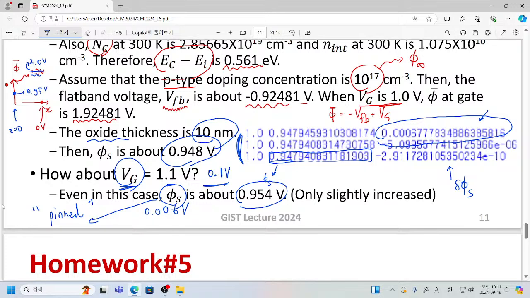Okay, so although I have shown it only for the strong inversion regime, you may play with different gate voltages, then you can get further insight on the behavior of a MOS capacitor.